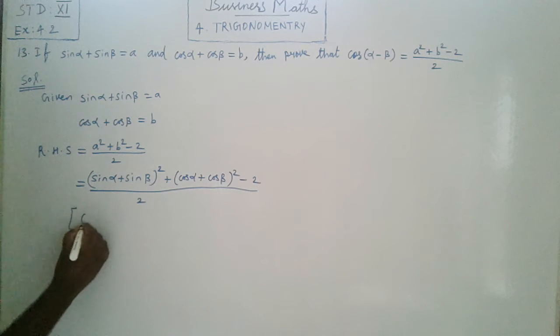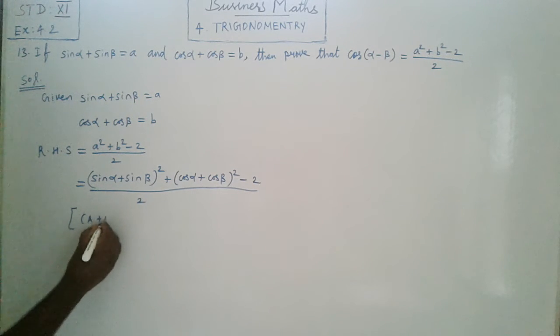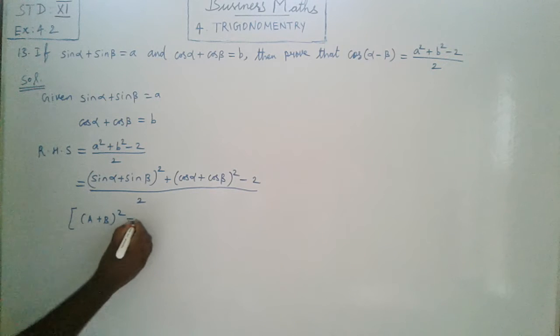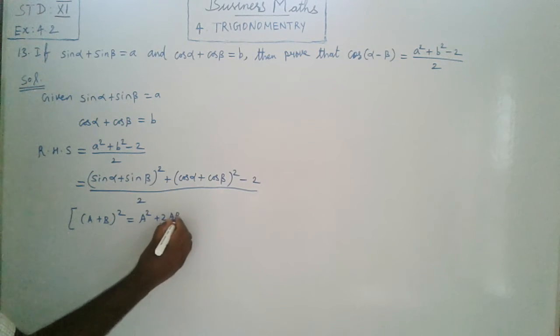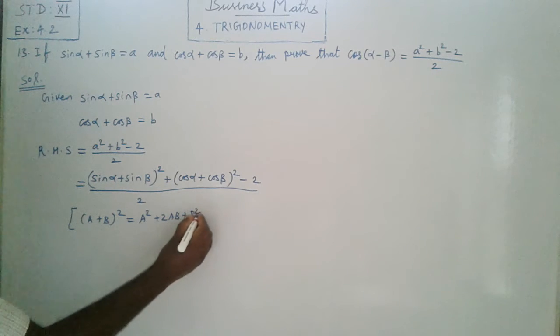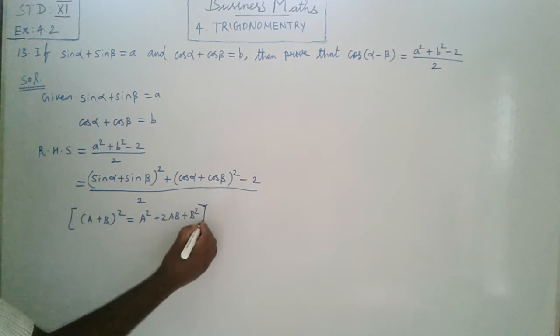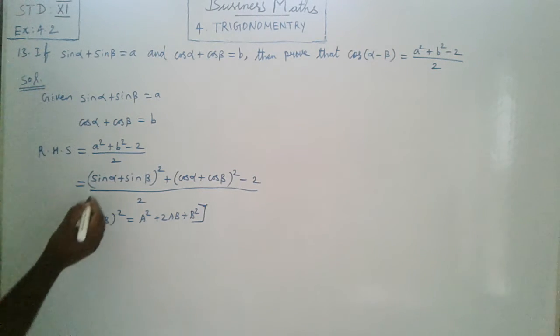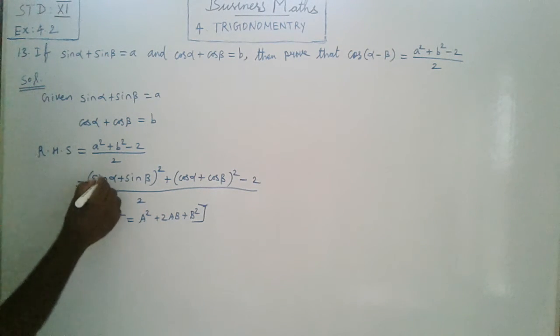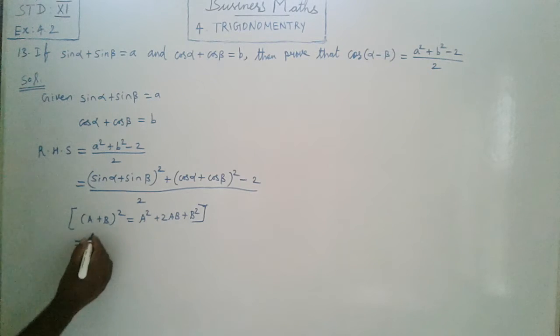We know the formula (A plus B) whole square equal to A square plus 2AB plus B square. Substitute this formula. A is sin alpha, B is sin beta.